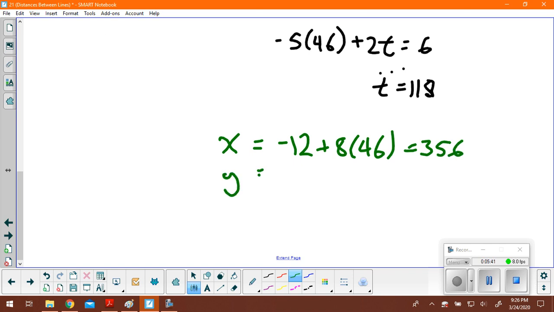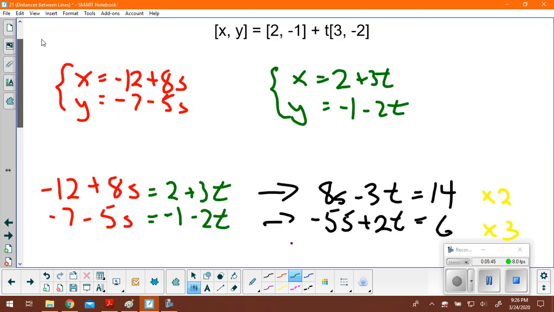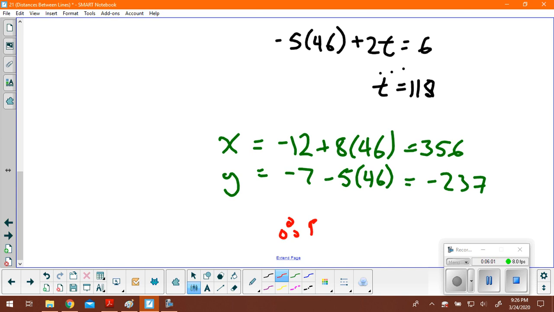For y, negative 7 minus 5s, so 5 times 46, and when we run that through, we get negative 237. Therefore, the point of intersection is 356 and negative 237.